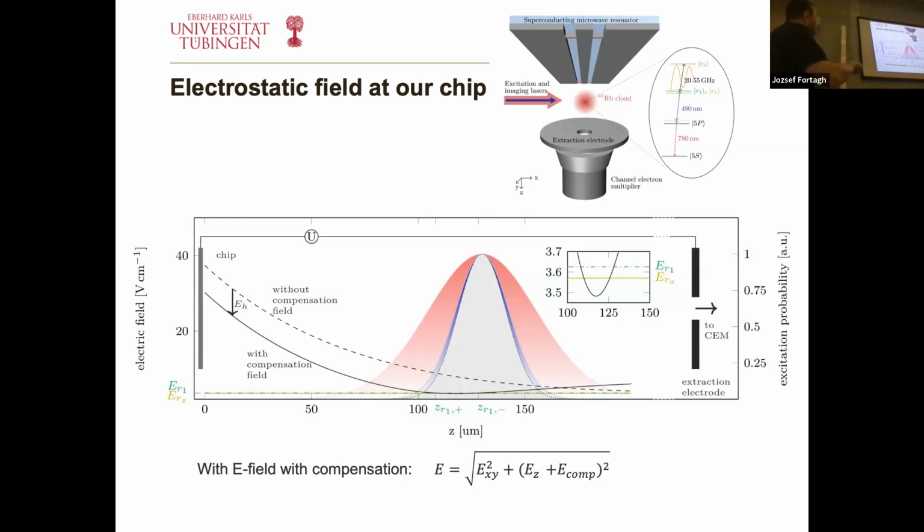The black line is a field that is the sum of the compensation field that we add by applying voltage to the grounded chip surface and this extraction electrode. So it's a homogeneous field in the Z direction; we can lift up or down the stray electric field.